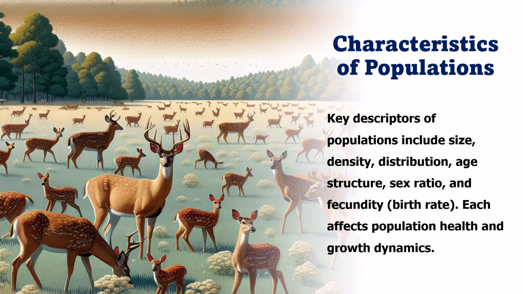Understanding distribution patterns, whether clumped, uniform, or random, provides insights into social behavior and resource availability. Fecundity or birth rate influences population growth and resilience. By studying these characteristics, ecologists and demographers can predict population trends, manage resources effectively, and design strategies to address challenges like declining biodiversity or human demographic shifts.